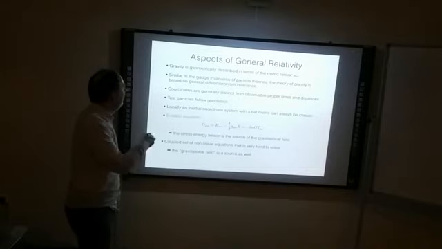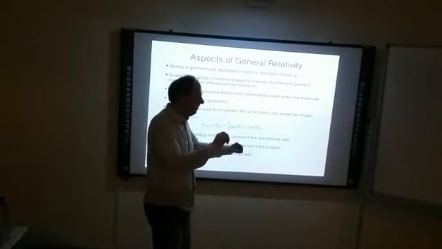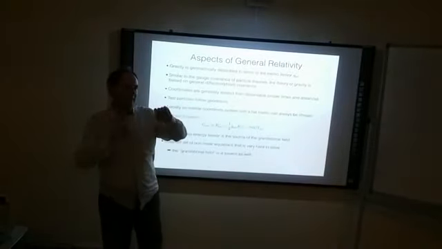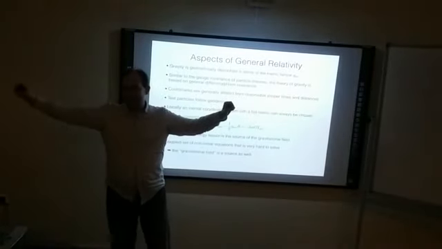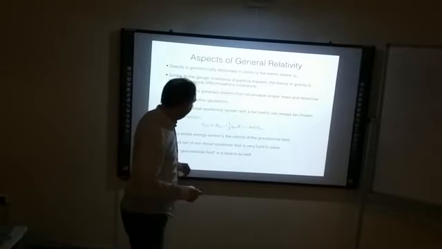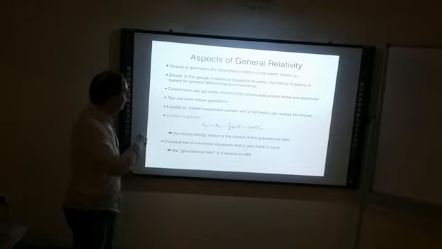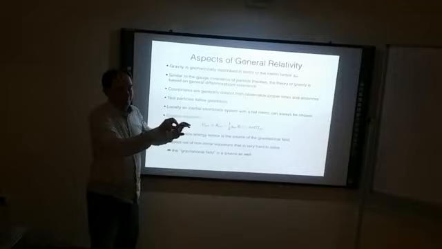And in the case of general relativity, what you do is you say, okay, whenever I describe something in space or in time, I need coordinates, right? I say, okay, this point has coordinate, I don't know, 1, 3, 5, this one has some other coordinate. And all you assume here is that the physics should be invariant: it shouldn't depend on what coordinates I choose. That's all you do.